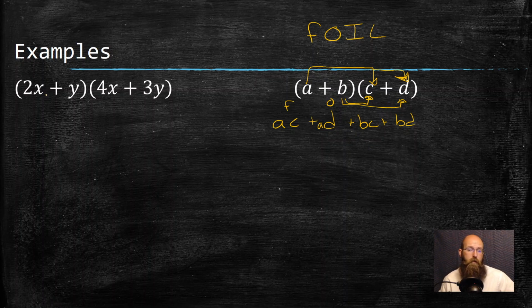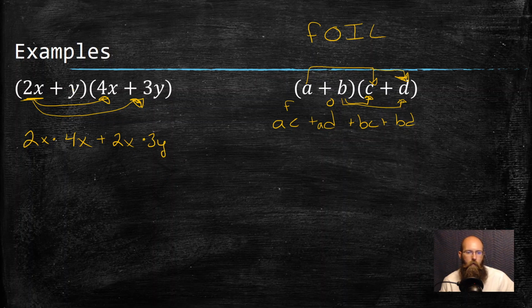All right, now let's look at the one that's a little bit more complicated over on the left. I'm going to take that 2x, and I'm going to multiply it to both things in the second set of parentheses. So 2x times 4x, and I'm adding that to the 2x times 3y.